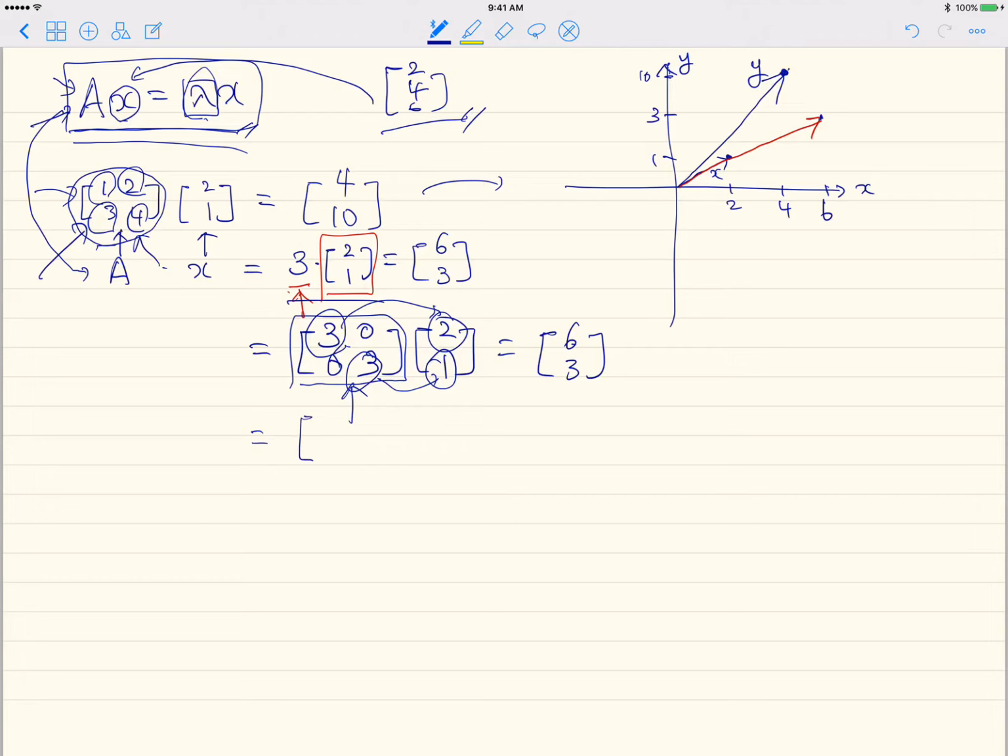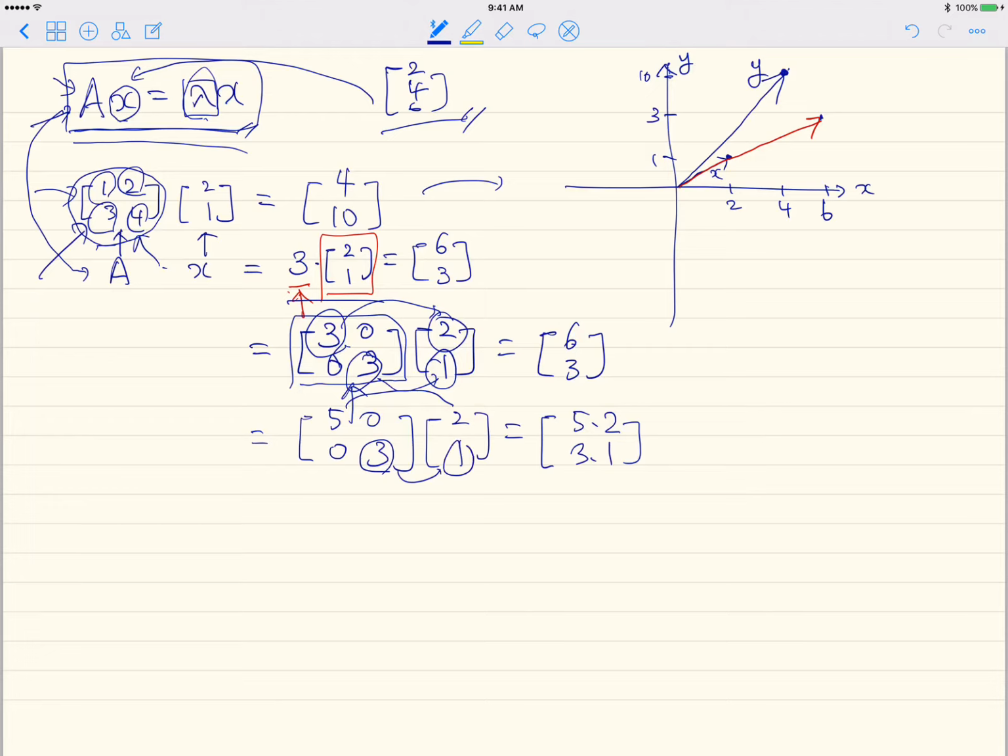Then let's generalize a little bit more about this diagonal matrix multiplication. It is like 5 times 3 and 0, 0, and then 2, 1, and then it will be like 5 times 2 and 3 times 1, right?